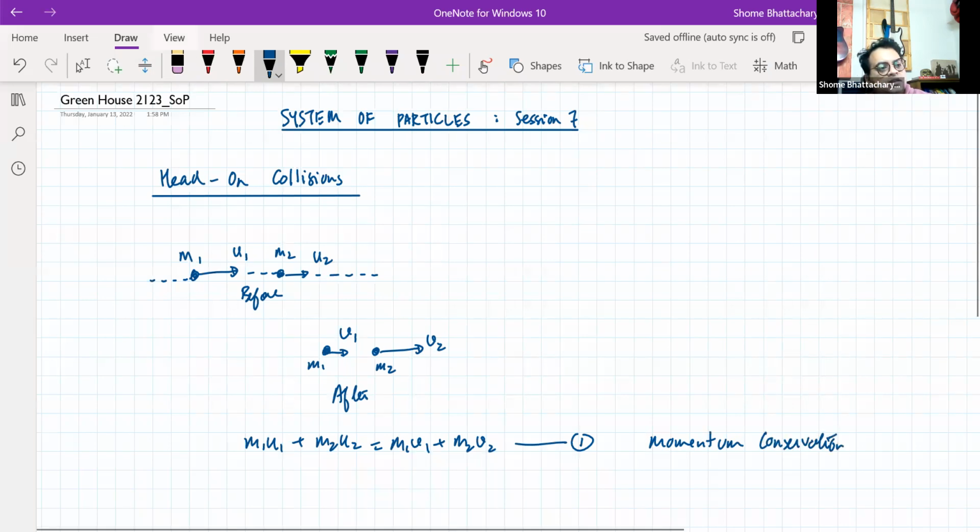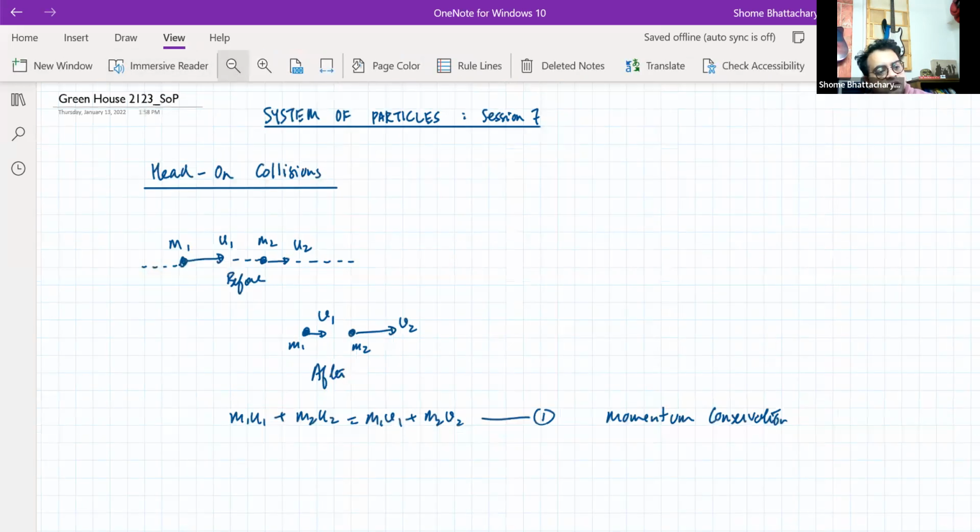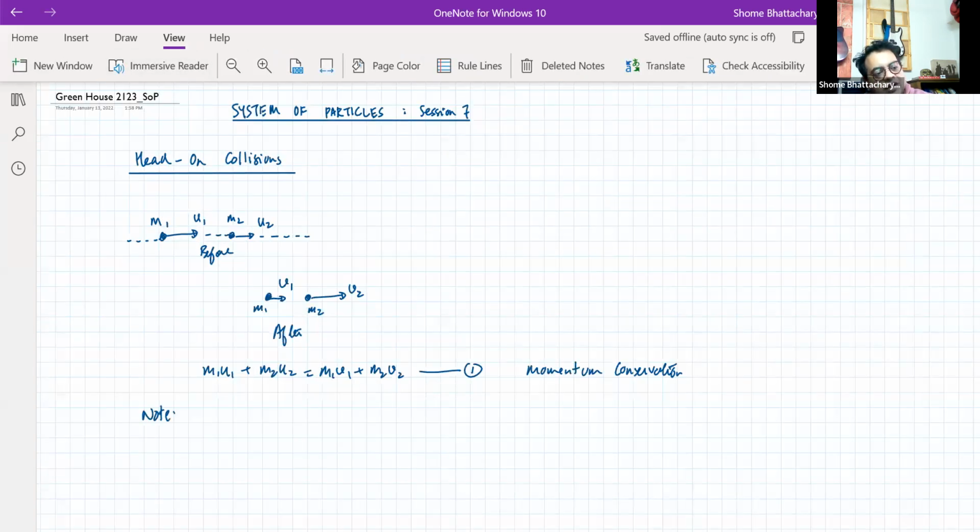But now, in the case of a perfectly elastic collision, kinetic energy is also conserved.